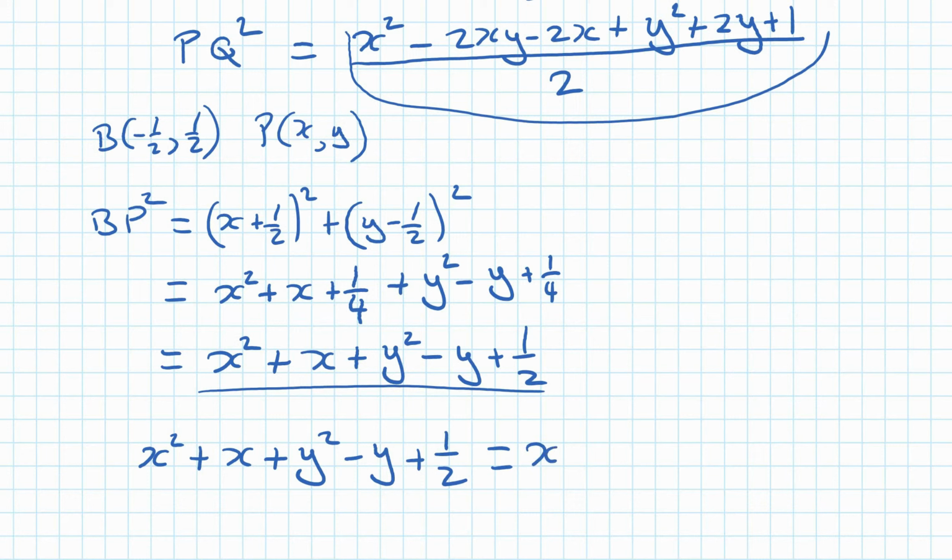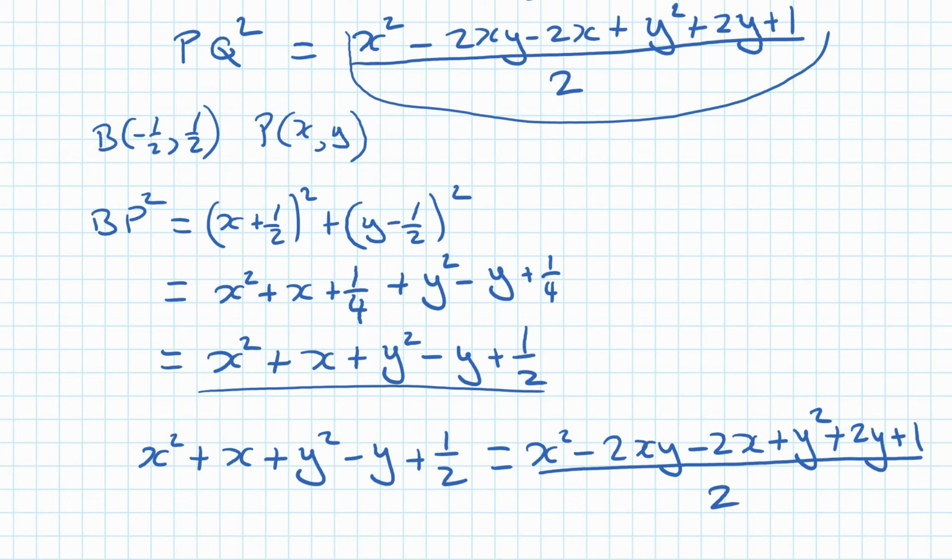So which is x squared minus 2xy minus 2x plus y squared plus 2y plus 1 all over 2.